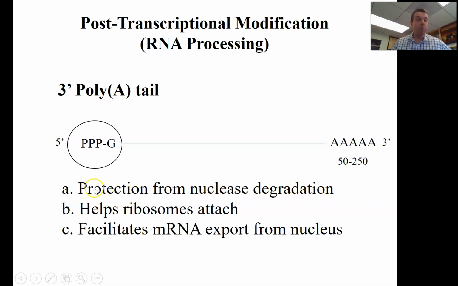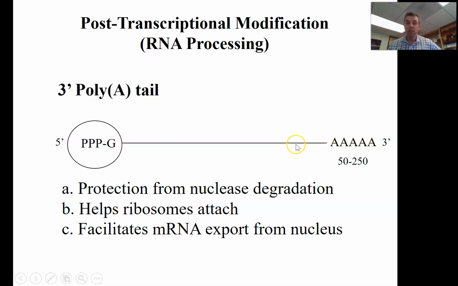This it does in a little bit different manner. Remember how I said the 5' cap protects it from nucleases degrading it in this direction. Well, there are also nucleases that can degrade from the 3' end, and the poly-A tail is not really preventing that. They can still be cut off one at a time. But let's think about this for a second.